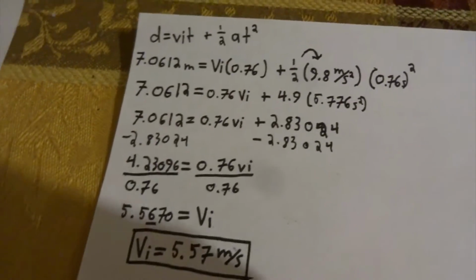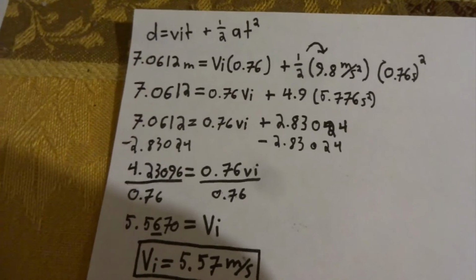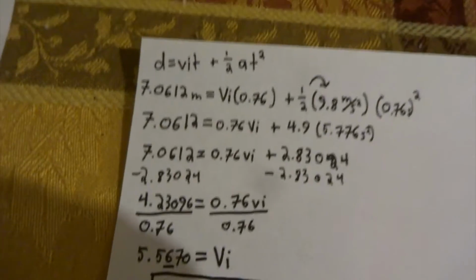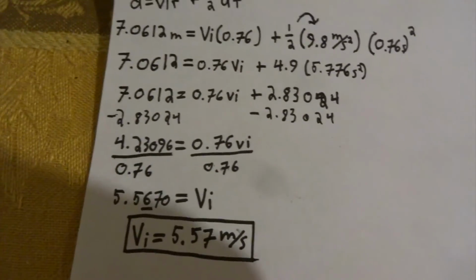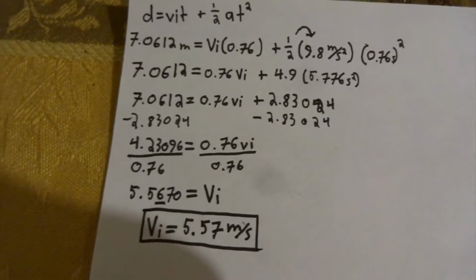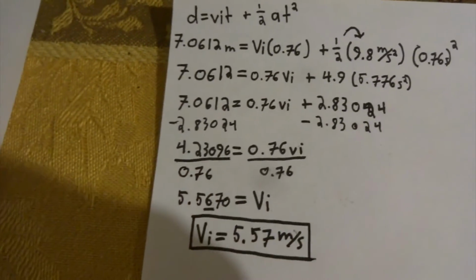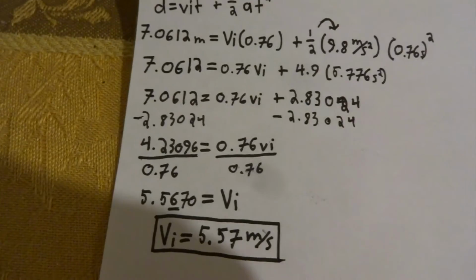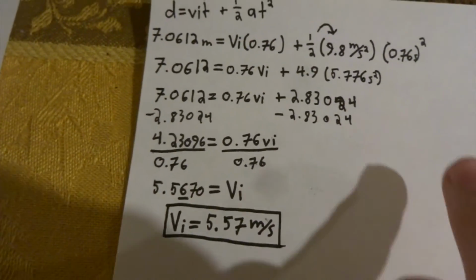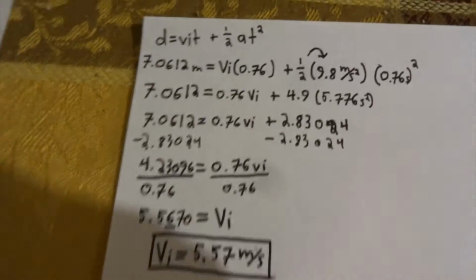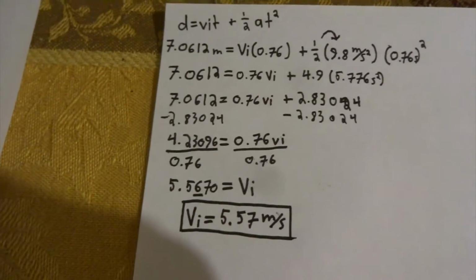Now, as you can see, I first plugged in all of the values here, and I used 9.8 meters per second squared because the object is going upward first. So after I have done that, I multiplied a half by 9.8 meters per second squared first, and then I squared the time, which was 0.76 seconds.